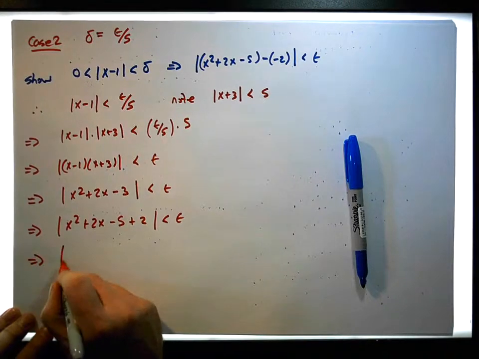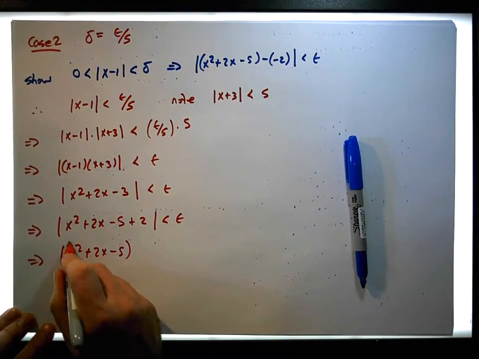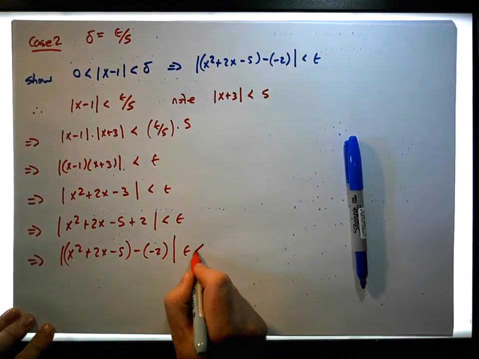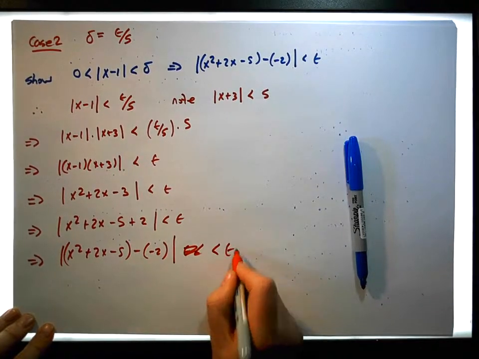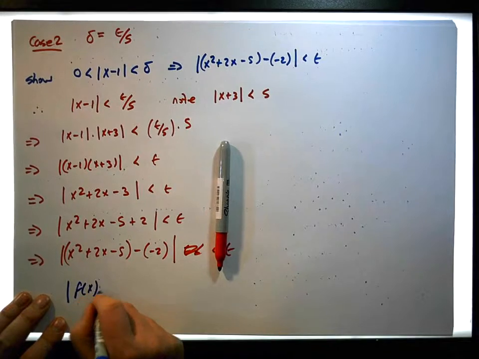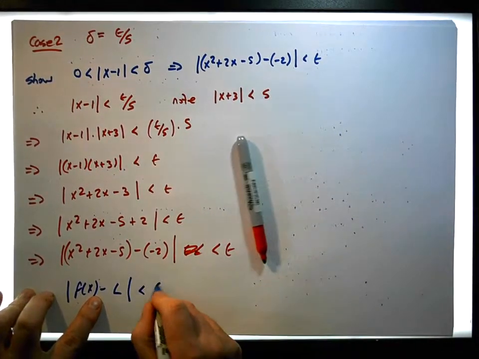And this implies that x squared plus 2x minus 5, which is our function, minus minus 2, which is our limit, is less than epsilon. What did we end up with here? We've ended up with f of x minus L, which is minus 2, is less than epsilon.